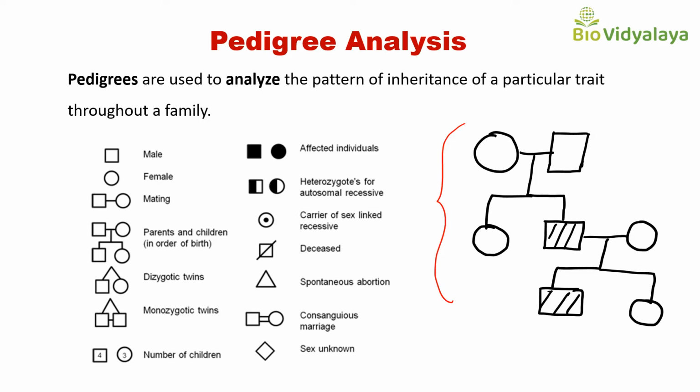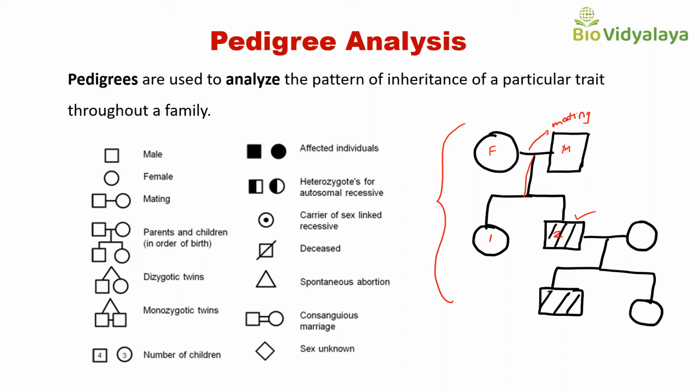This circle is representing female and this square is representing male, and this horizontal line between them represents mating. And this vertical line represents their children. So these two are their children. And this shaded one represents an affected individual.